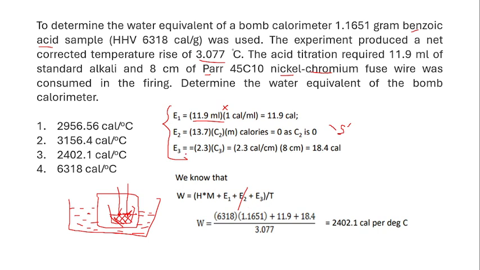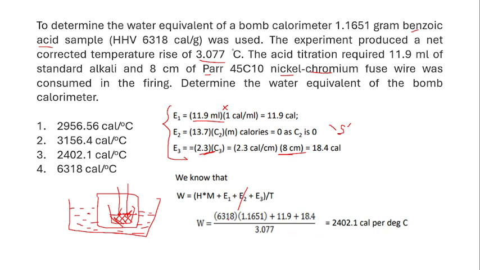Next is E3. So E3 is calculated based upon the type of wire used. So here the type of wire used is the nickel chromium fuse wire. So the correction factor should be multiplied by 2.3, 2.3 into the length of the wire used, which is 8 centimeter. So 2.3 into 8 is 18.4 calories, and we have to substitute all these values in this formula.